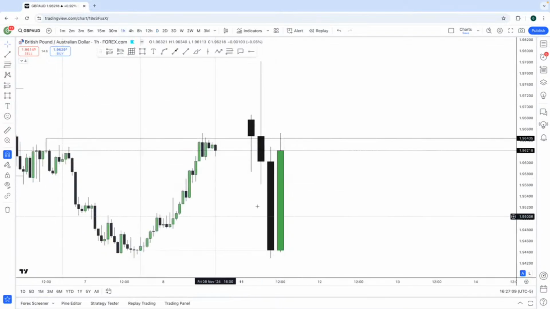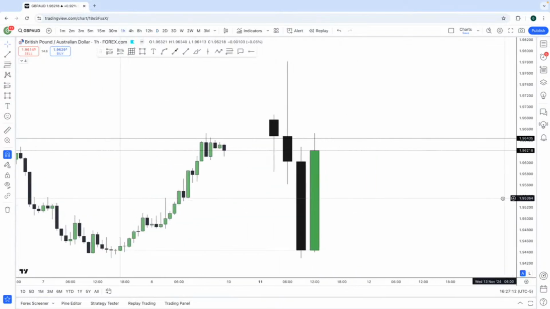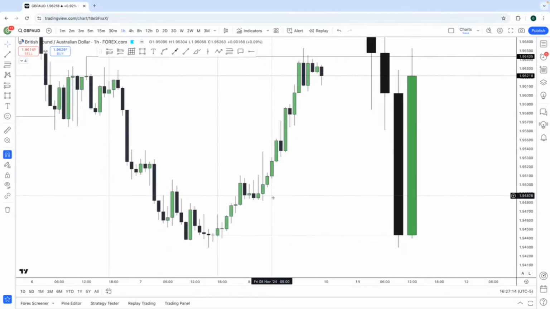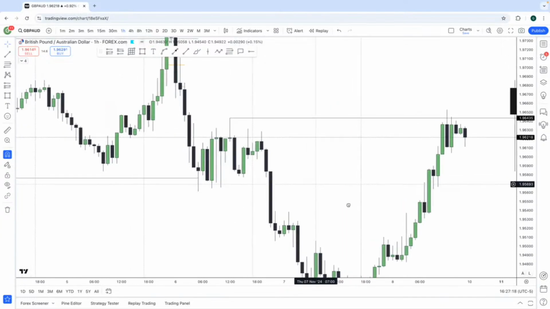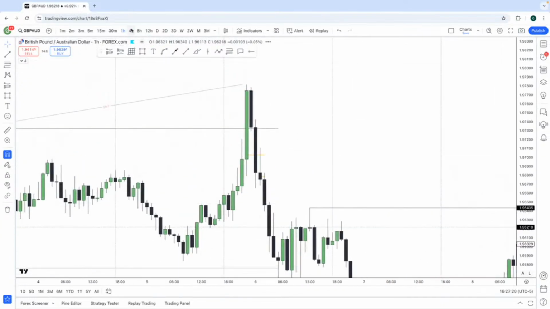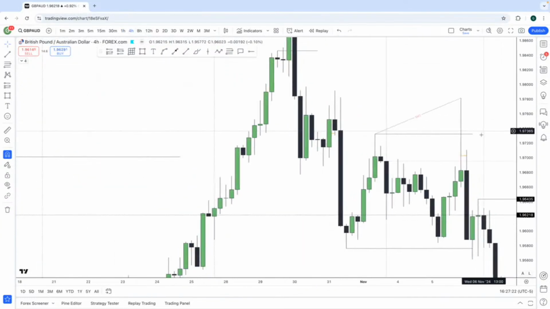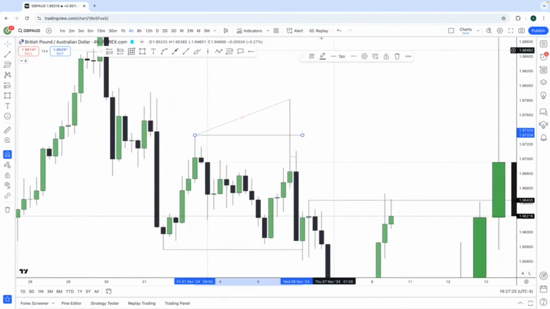So it's basically a candle closure where we fail to close underneath the previous candle's low, right? So let me find an example for you. I'll do this one again. In this case, it's a bearish example.